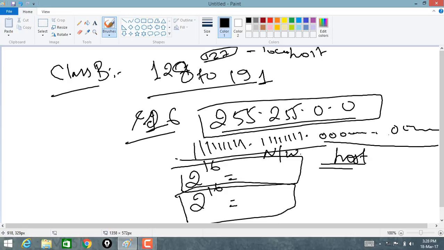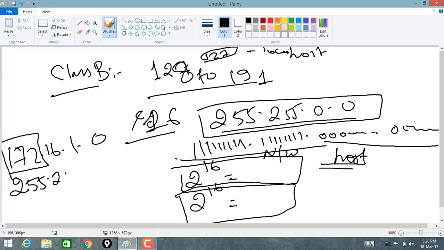So hope class B is also clear. The range is also clear. For example, if I write 172.16.1.0, from the first octet you come to know this is class B, and the subnet mask is 255.255.0.0.